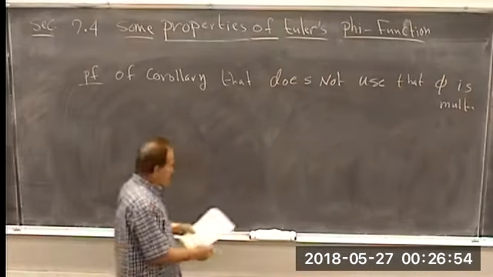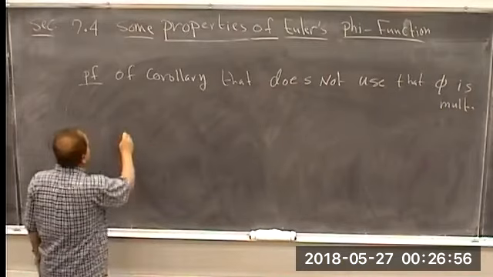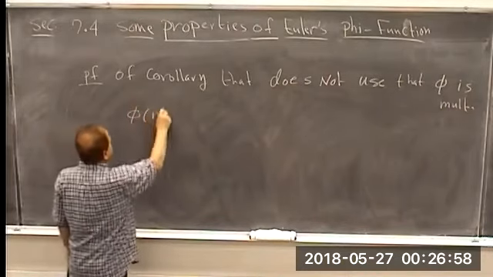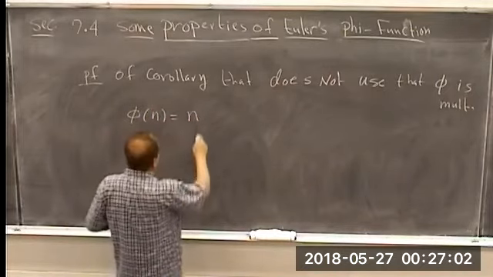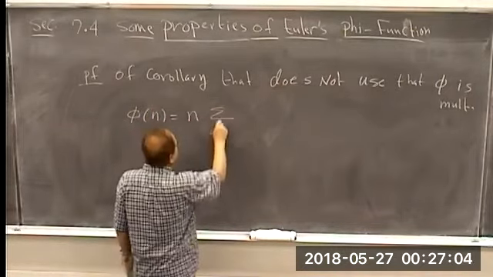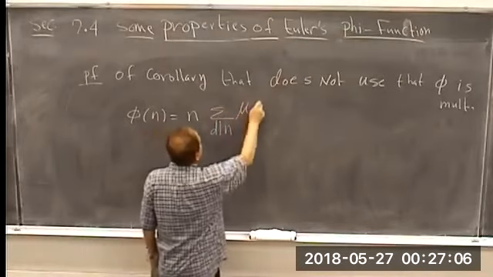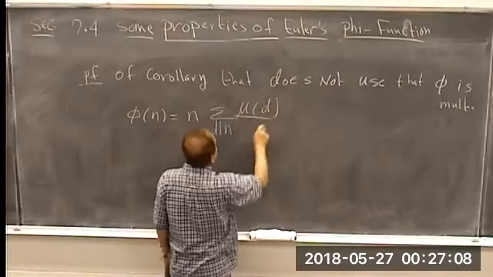All right, so let's look again at phi of n. This is equal to n times the sum over d dividing n of mu of d over d.